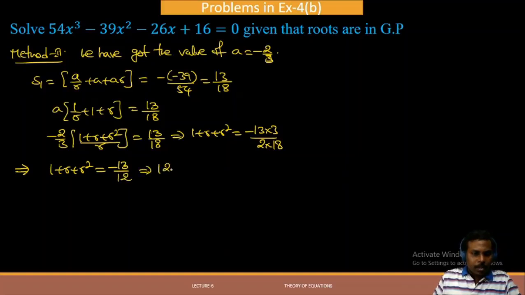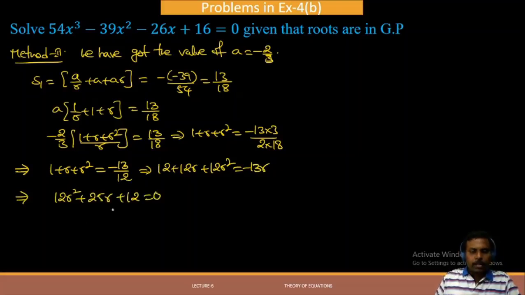implies 12 plus 12R plus 12R square is equal to minus 13 into R, implies 12R square plus 25 into R plus 12 is equal to 0.